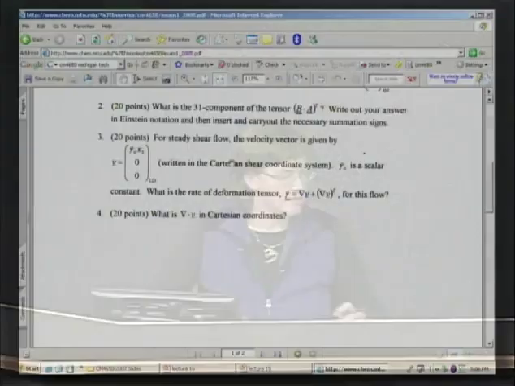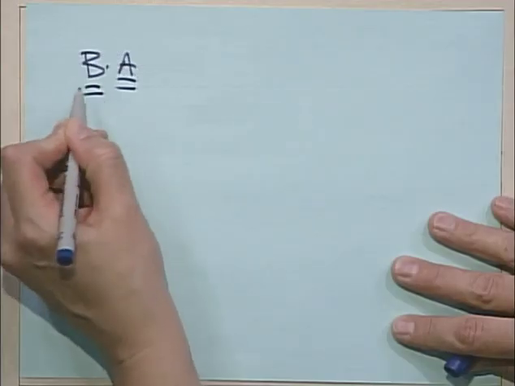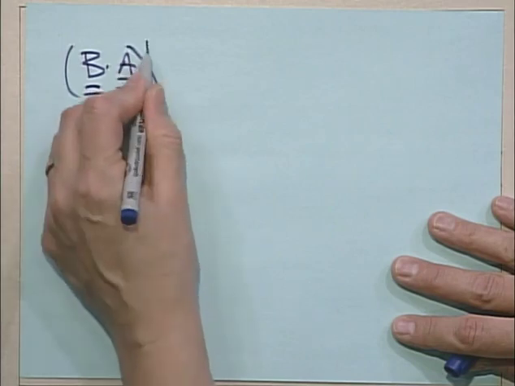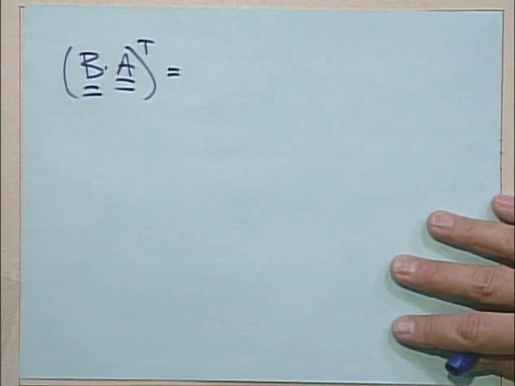Now the second one: what's the 3-1 component of the tensor B dot A transpose? How about that one? So we're just going to write B dot A in Einstein notation.